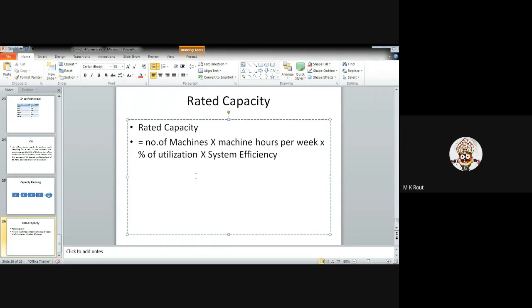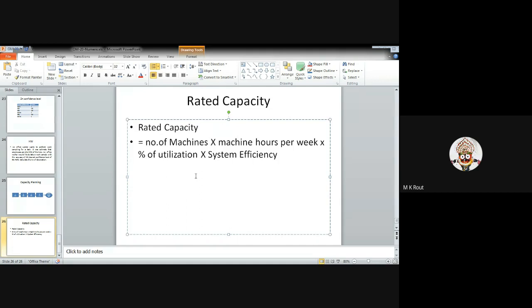In a work center, 5 days in a week, on 2 shifts per day, each shift of 8 hours duration, full stop.